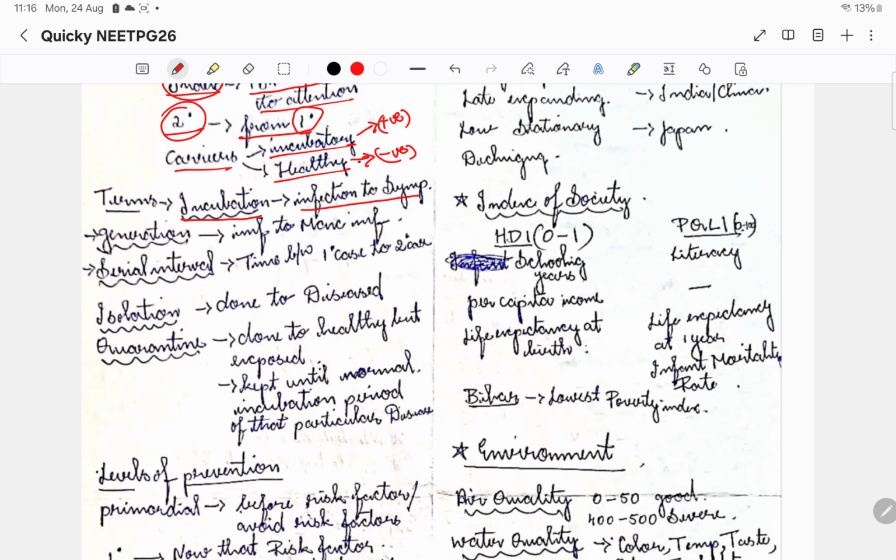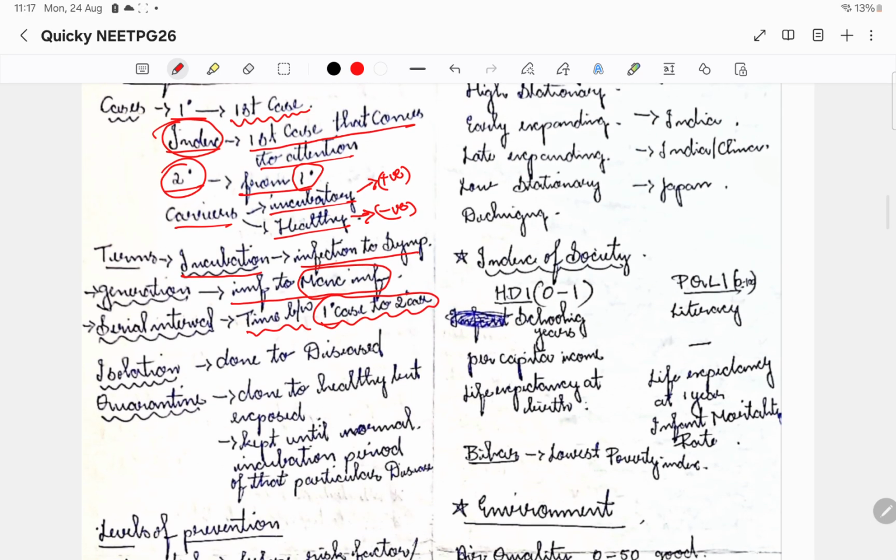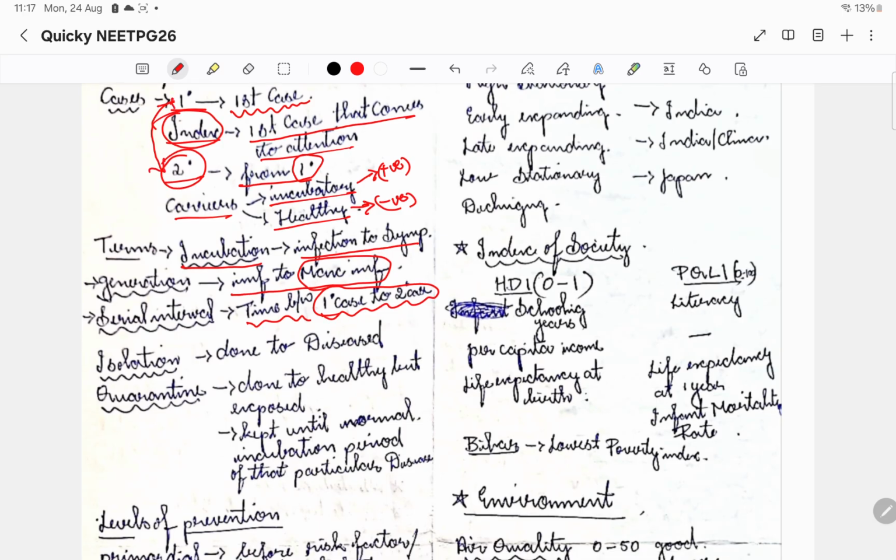From infection to first symptom is known as incubation period, whereas generation time is infection to maximum infectivity. Okay, so please know the difference between incubation period and generation time. Then the serial interval is the time between the primary case and secondary case. It is the time between these two, from the primary to secondary. Okay, this is known as serial interval.